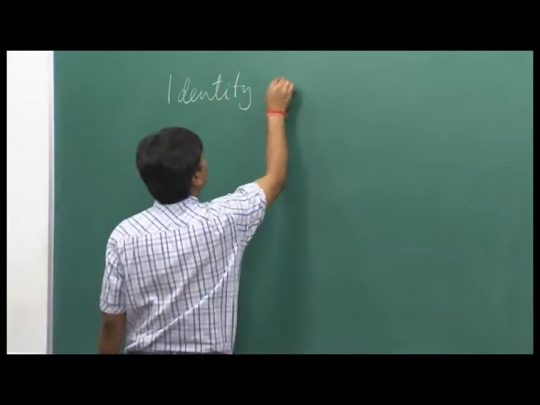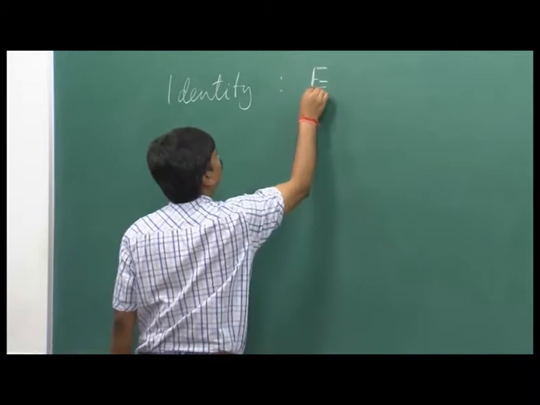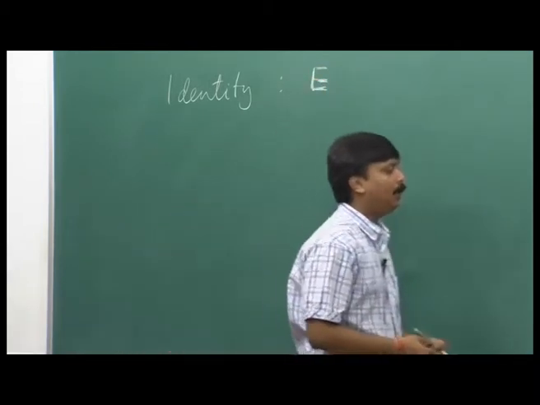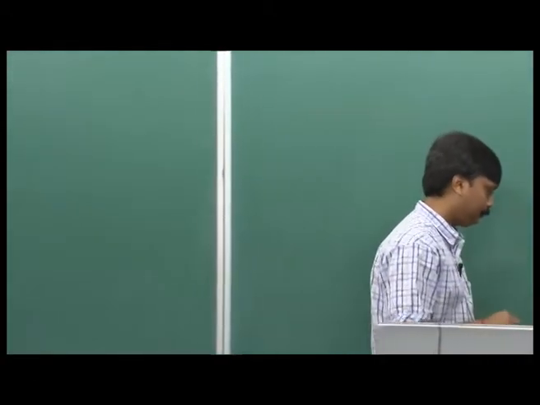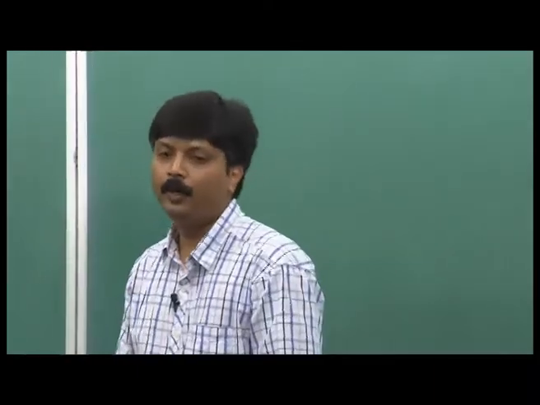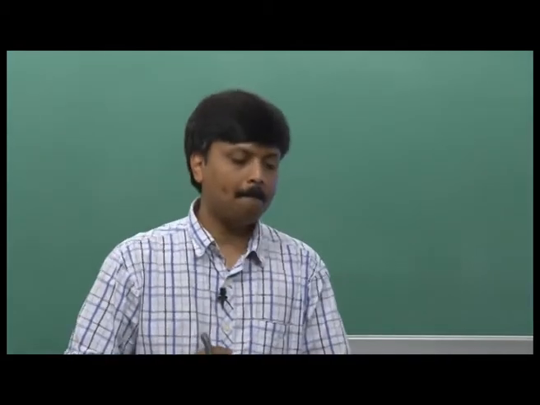Identity operation, this is denoted as E. Okay. Now what is this identity operation? Before going into the molecular structure, I will give you a very simple representation of this identity operation.